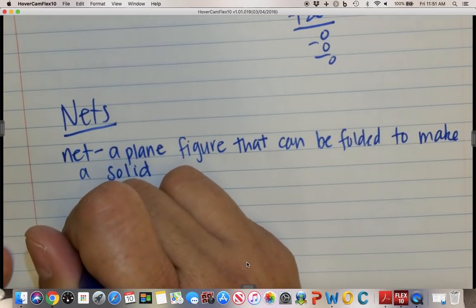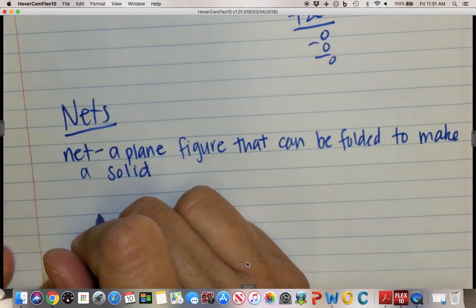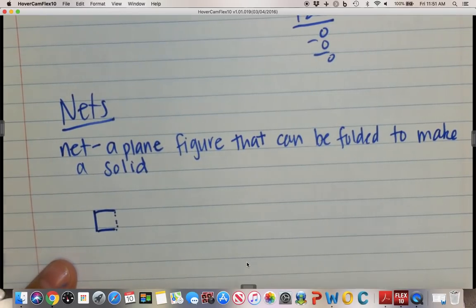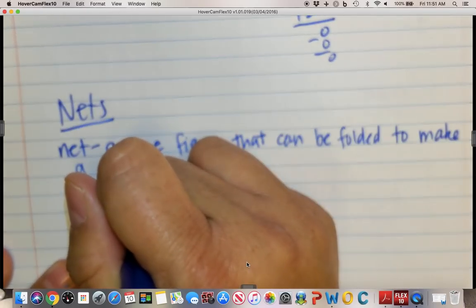So we're going to draw our own net here, and it's not going to be perfect, but that's okay.